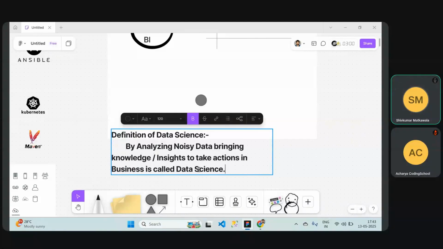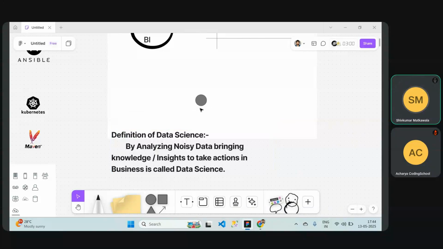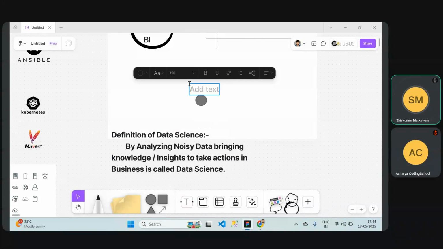So simply at this point you have to have the knowledge to take some proper decisions for your business.